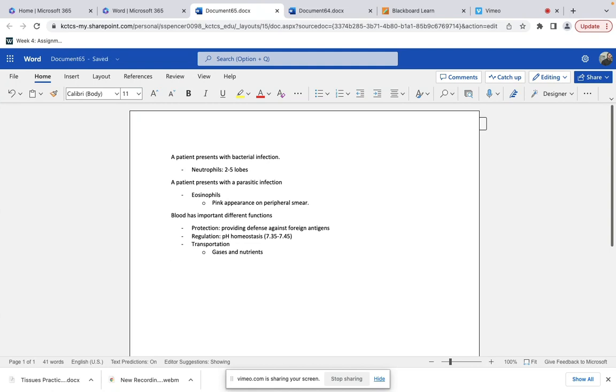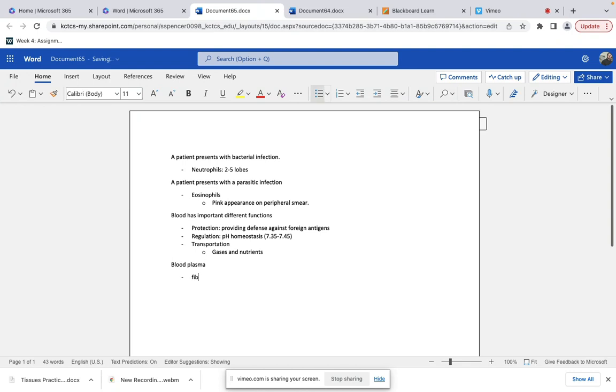We've talked about things such as formed elements and blood plasma. We know that blood plasma is going to contain a lot of different proteins, right? So blood plasma is going to consist of a bunch of different proteins.